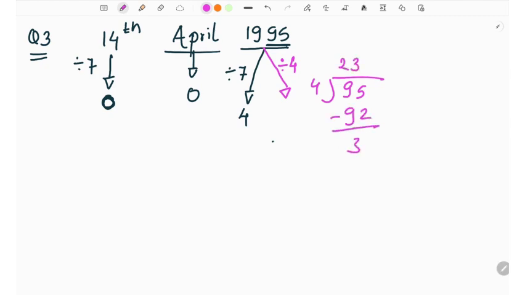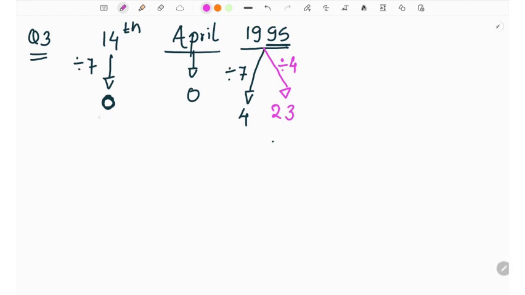What is left? 3 is left. Should I take 3 here? No. The quotient is important. Take 23. Whenever you divide by 4, we consider the quotient, and if we divide by 7, we consider the remainder.